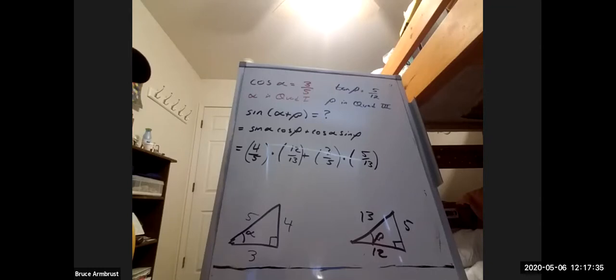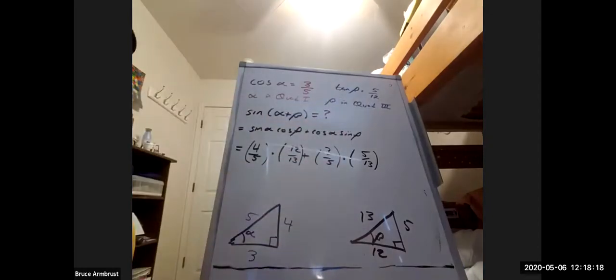Now we'll see if anybody's really been paying attention, because what I just did here is wrong. What did I do that was wrong? It's specifically about cosine and sine of beta. The alpha part is fine. It's the beta part that's a problem. Yes, we have to pay attention to what quadrant we're in.